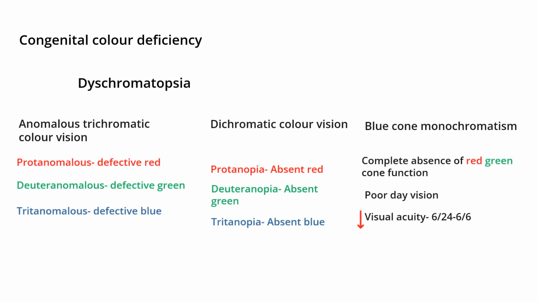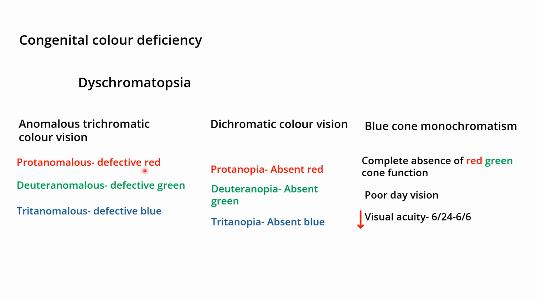So those are the tests. You also need to know a little bit about color defects. They can be dyschromatopsia or achromatopsia. Dyschromatopsia is relative absence and achromatopsia is total absence. In dyschromatopsia, you can have anomalous trichromatic color vision or dichromatic. In anomalous, they have all three, but one of them is defective.